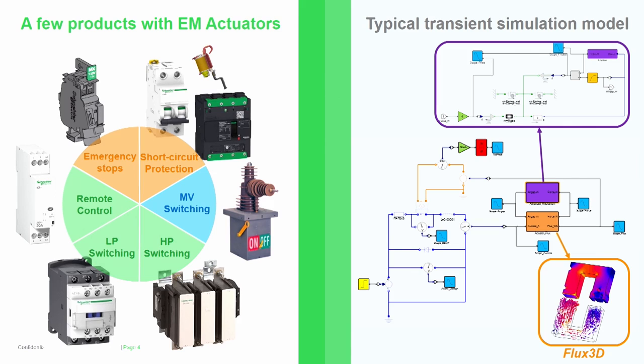This is typically the kind of product you have at the other end of an emergency push button. You also have remote control, like small contactors that are used for your water heating system, for example. You have low power switching, low power contactors, big contactors up to 1,600 amps, medium voltage switching, and actuators for short circuit protection, of course.